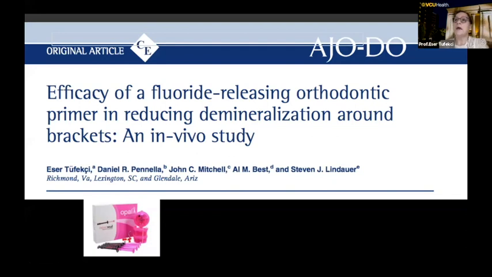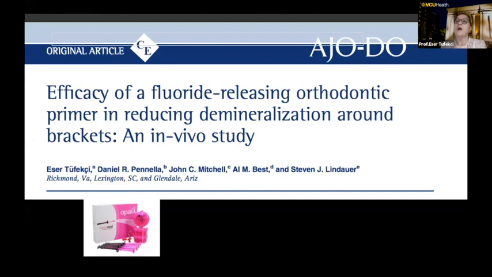When I did my own search, I found only one study, a 24-hour study, that was conducted at the manufacturer's lab. This product is marketed by Ultradent, located in Utah. There was only one study, a 24-hour study, which looked at the fluoride release and fluoride reuptake. And based on that 24-hour study, the company was making all those claims that it prevents demineralization.